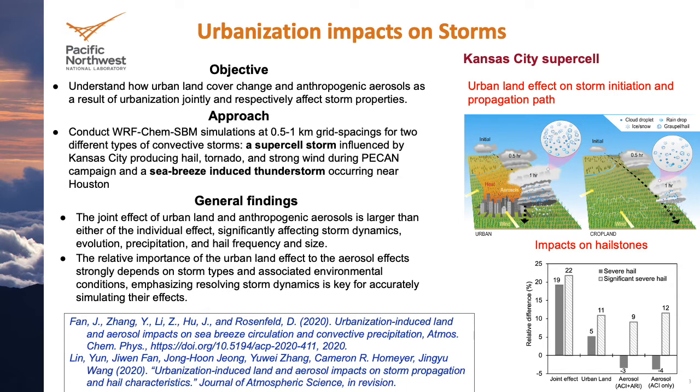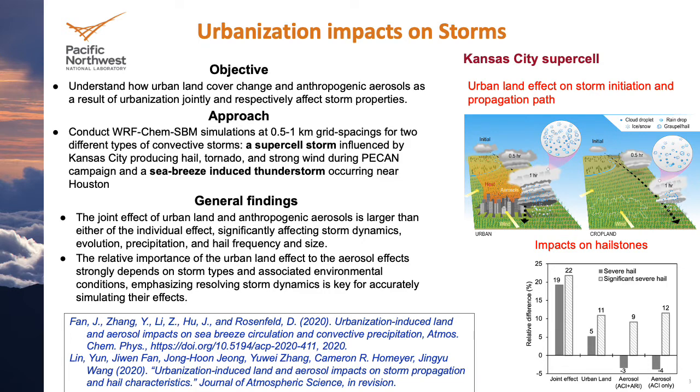Another point is about the relative importance of the urban land effect versus the anthropogenic effect. They are completely different between the two different storms. So this highlights that resolving the storms is very important to accurately simulate those effects.